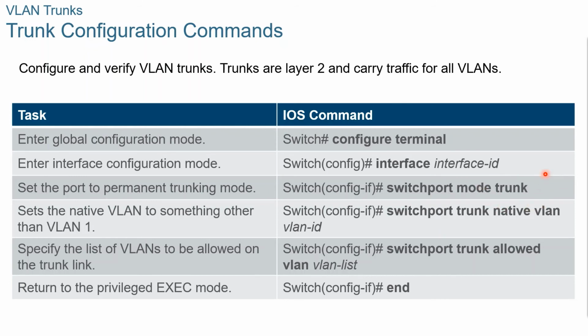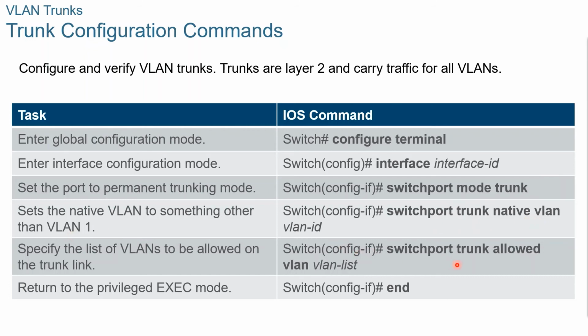Again, the other mode we used earlier would be access. Access is for the computers or workstations, whereas trunk is used if we are going to connect a switch to that switch port. Then switchport trunk native vlan, which we've talked about earlier, is set to default VLAN 1.